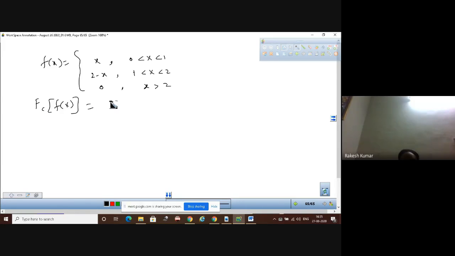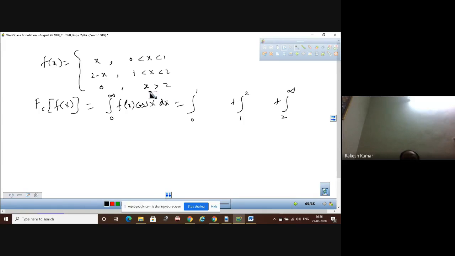By the formula, that will be equal to the integral from 0 to infinity of f of x into cos of sx dx. You can split the interval 0 to infinity into 3 parts: 0 to 1, 1 to 2, and 2 to infinity.